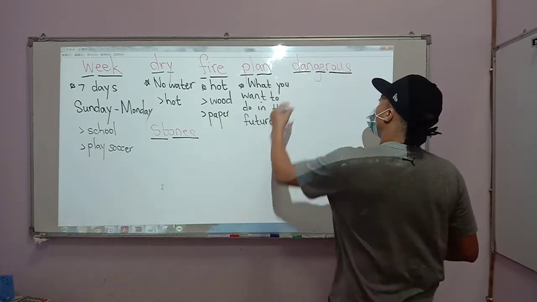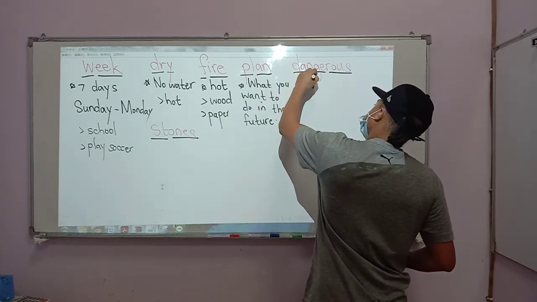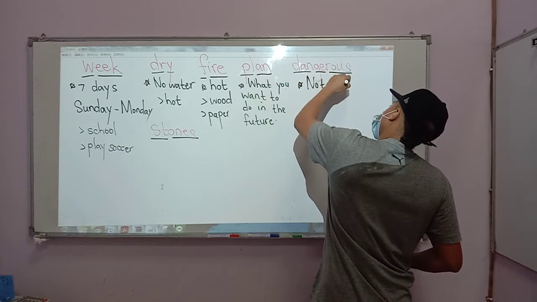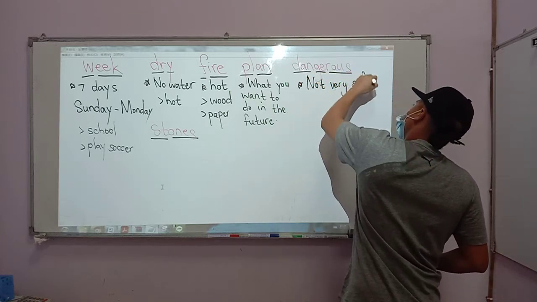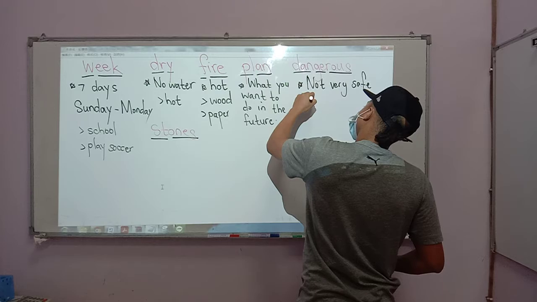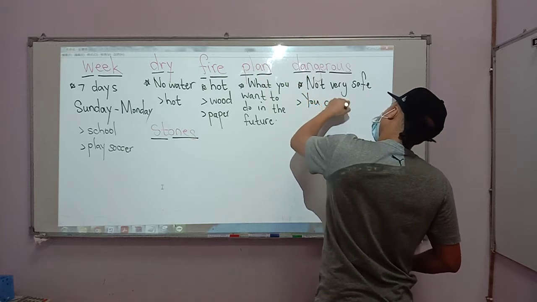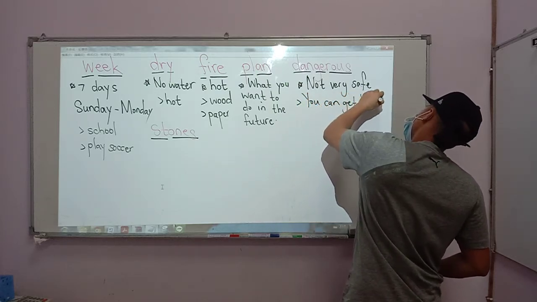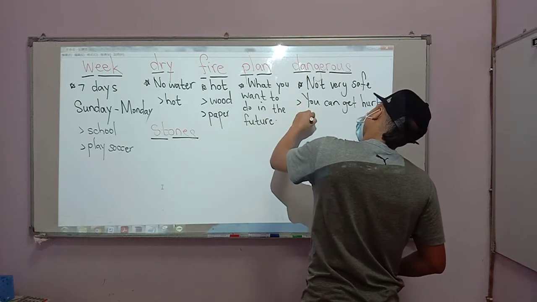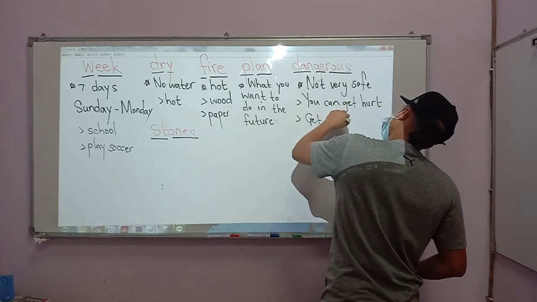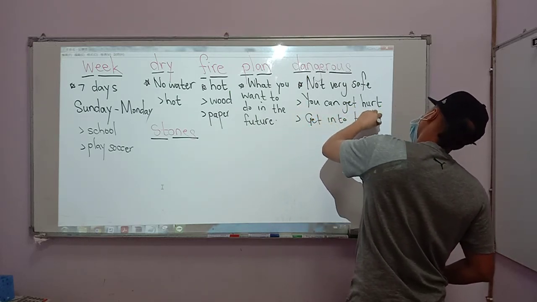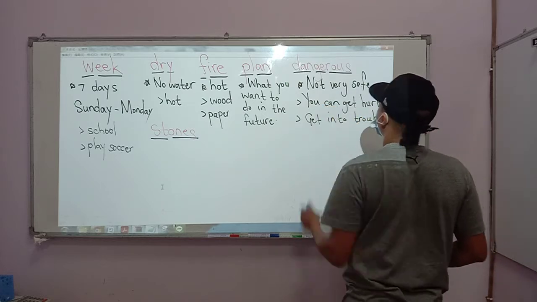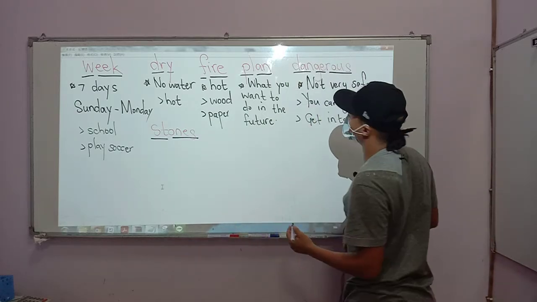Alright, so next one, dangerous. This means that something is not very safe, so you can get hurt or even get into trouble. Something can go wrong and you get into trouble.